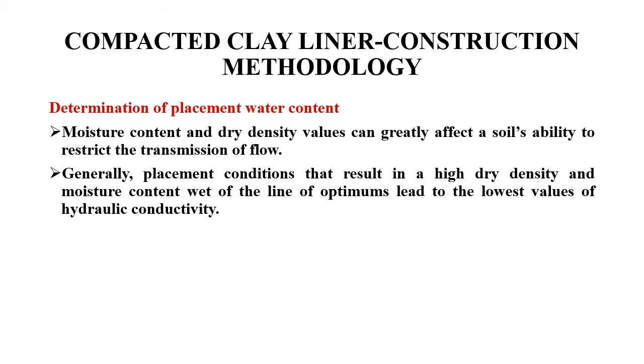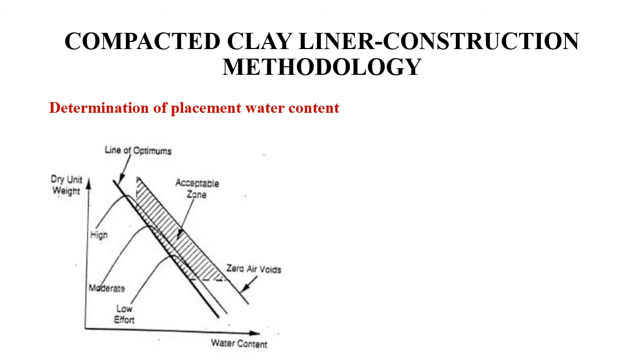These are the compaction tests that have been conducted: the normal Proctor energy, then lower energy with lower compaction effort, and higher compaction effort. And then you will draw the line of optimum.